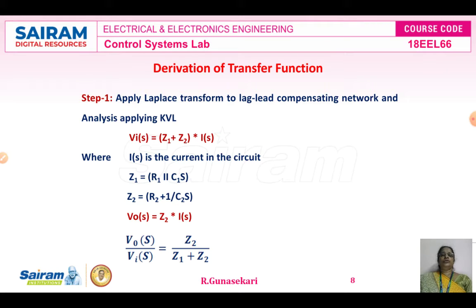Z2 equals R2 plus 1 by C2s, that is R2 and C2 are a series combination. The output voltage V0(s) equals Z2 into I(s). The transfer function V0(s) divided by Vi(s), that is output divided by input, equals Z2 divided by Z1 plus Z2.